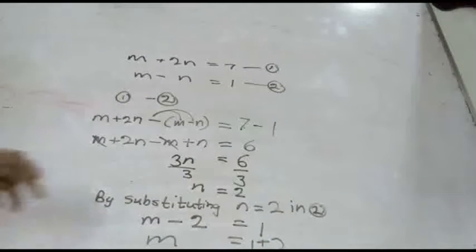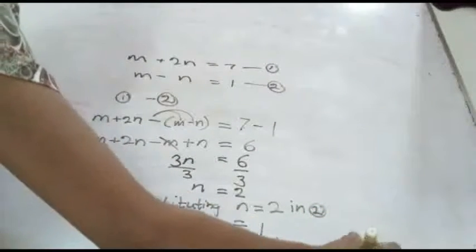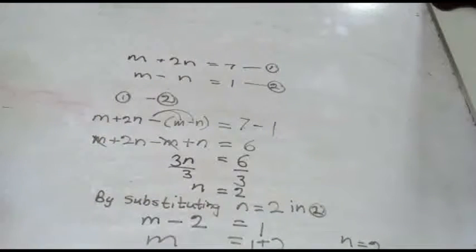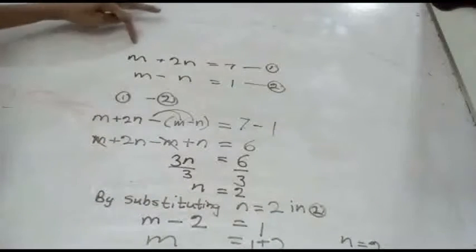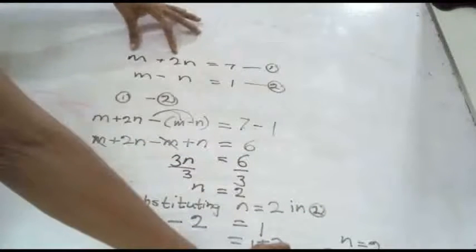The solution is n is equal to 2, m is equal to 3. Check: 3 plus 2 times 2, which is 4. 3 plus 4 is equal to 7. Yes, the answer is correct.